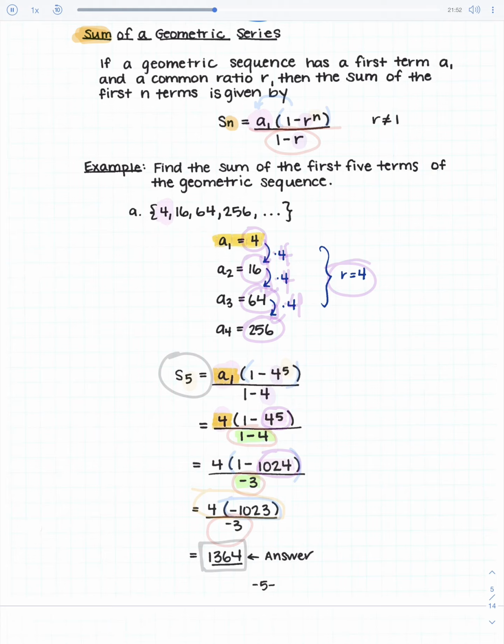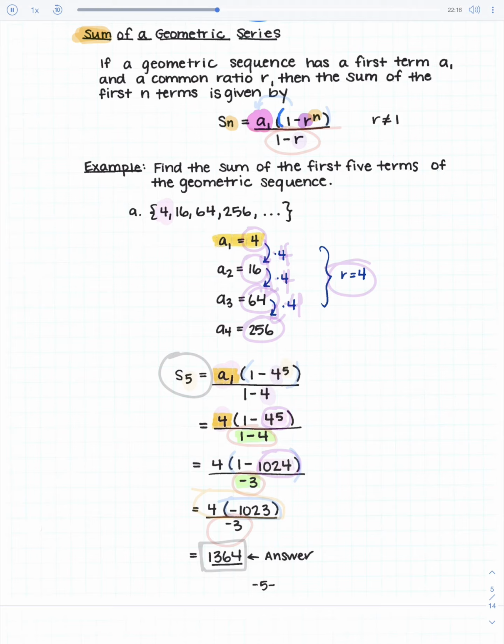Just like before, with the arithmetic, you always start out with the first term. This is a little bit different. You're going to do 1 minus, and that's always going to stay the same, the common ratio r raised to the nth power, which is, again, however many things you're trying to add up.